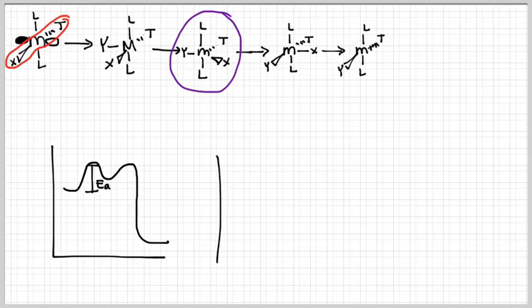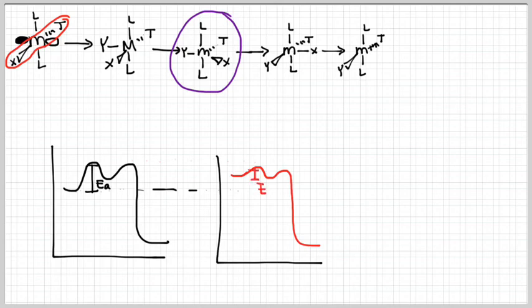So if we're able to weaken the metal-leaving group bond, then basically what we're doing is raising the energy of that starting material. Let's imagine that we raise the energy of the starting material, but we're keeping the energy of the transition state about the same. In that way, we can decrease the energy of activation.